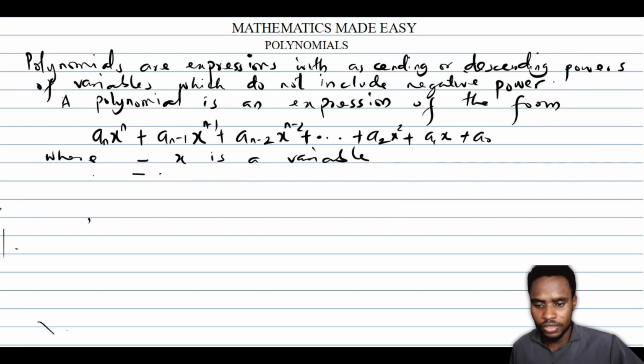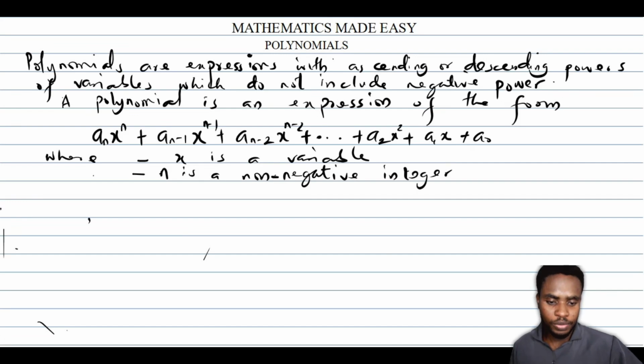n, which is the highest power of the variable in the expression, is a non-negative integer. If you don't know what integers are, you can check my previous videos. And this variable has coefficients.